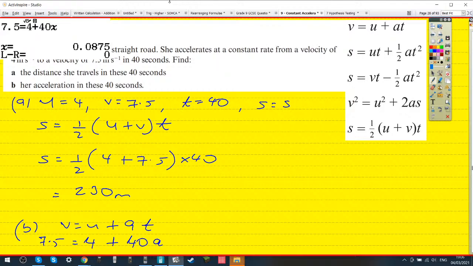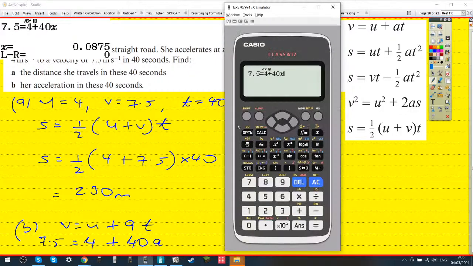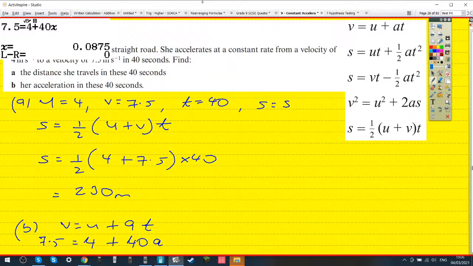Yeah, and if you need to, you can press answer and you get it as a fraction. Might make things a little easier.